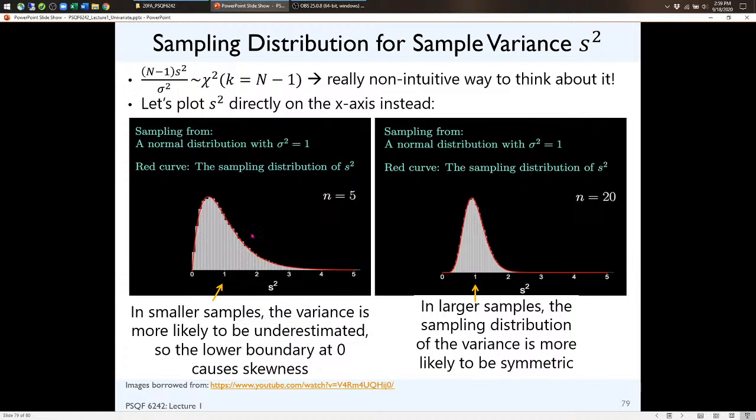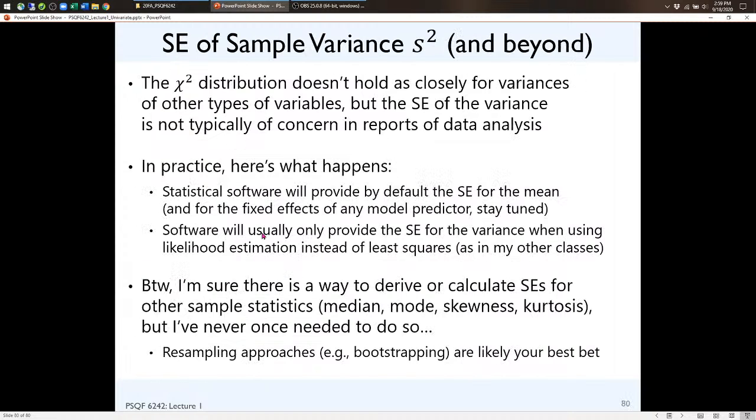But it's this situation down here where you would have a harder time describing confidence intervals or standard errors because this thing isn't symmetric, and any confidence interval that you would compute needs to take into account this type of asymmetry. So the chi-square distribution doesn't hold as closely for variances of variables that aren't normally distributed. And that's a whole other story beyond what we have time for.